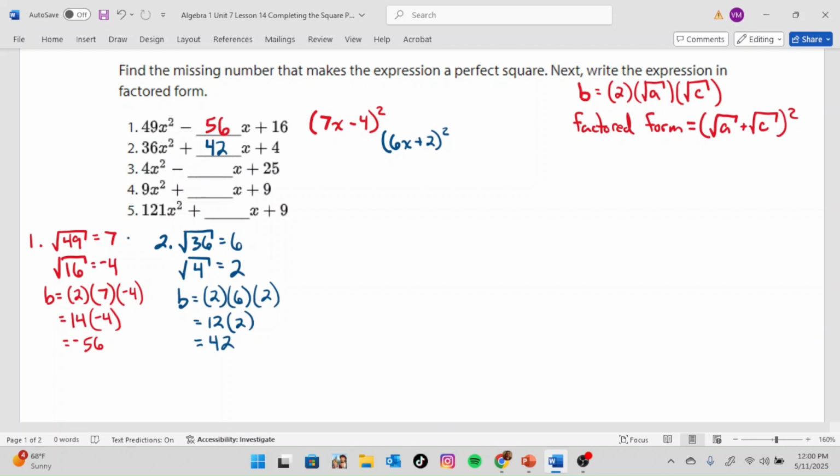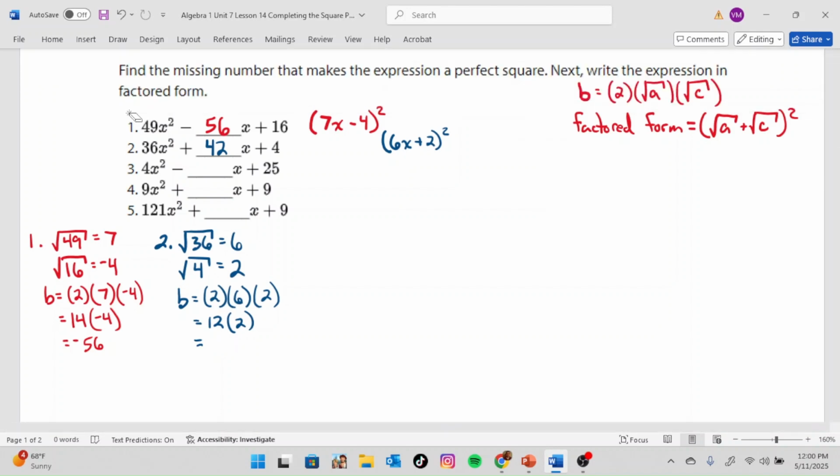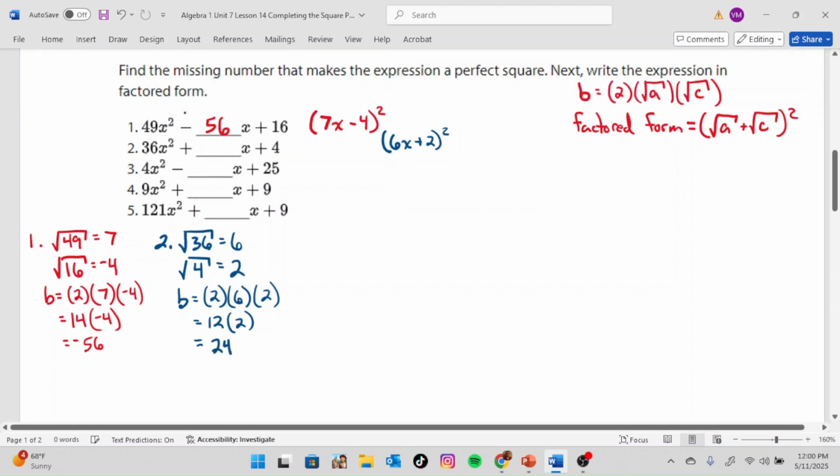6x times 2 is 12x. And I'm now seeing that I wrote these numbers backwards. 2 times 12 is 24, not 42.